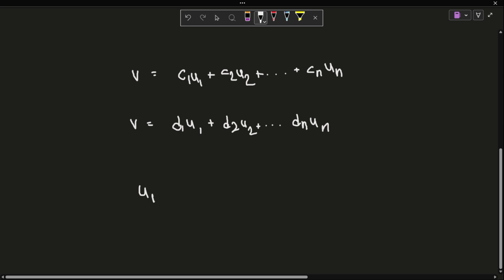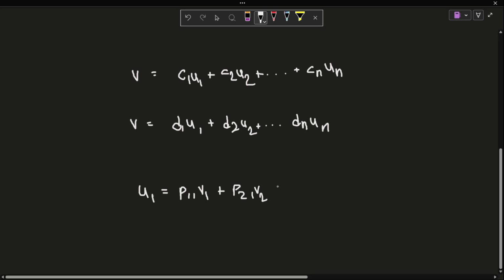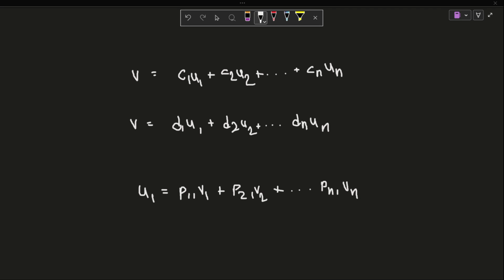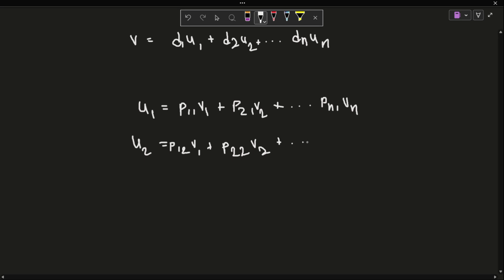This is our basis in either C or whatever, and so that's going to become, let's say, p11 v1 plus p21 v2 plus all the way to pn1 vn, and then we also have another vector here, p12 v1 plus p22 v2 plus all the way up to pn2 vn.